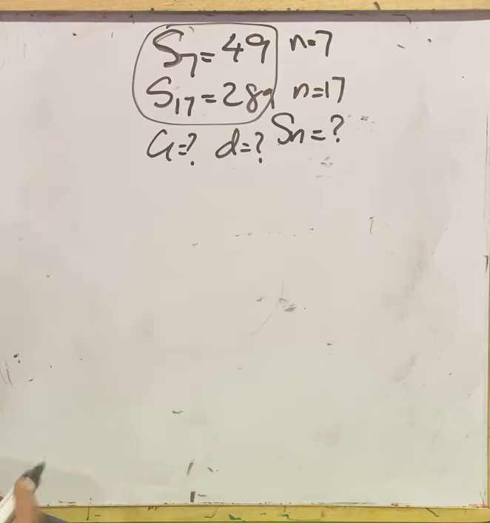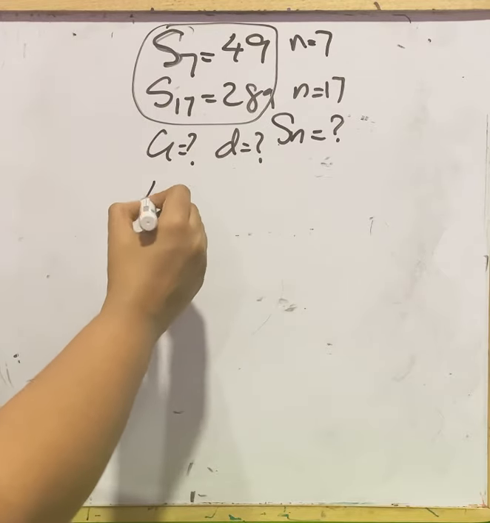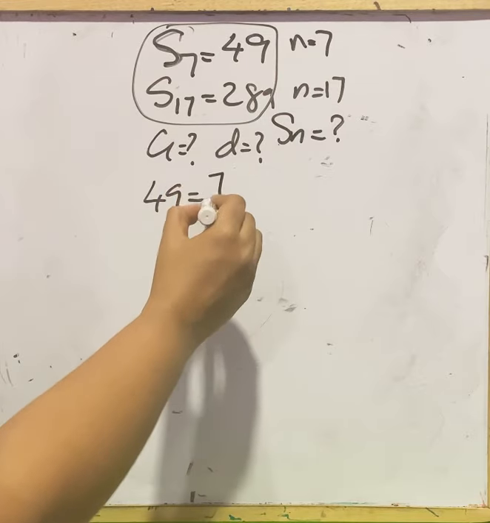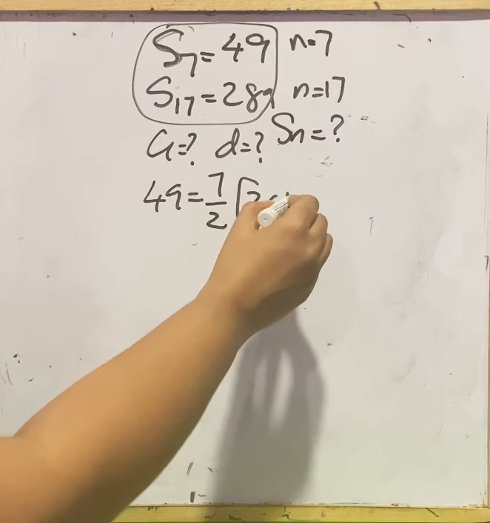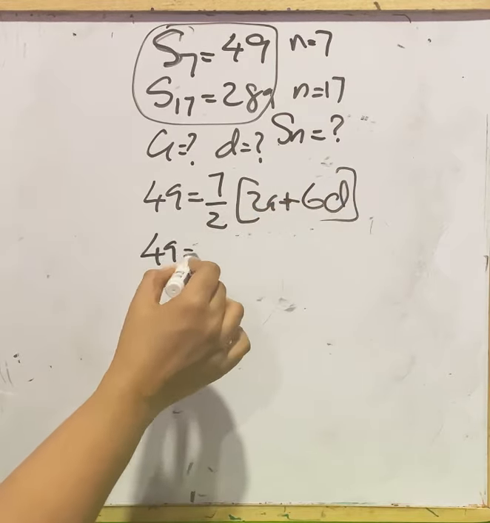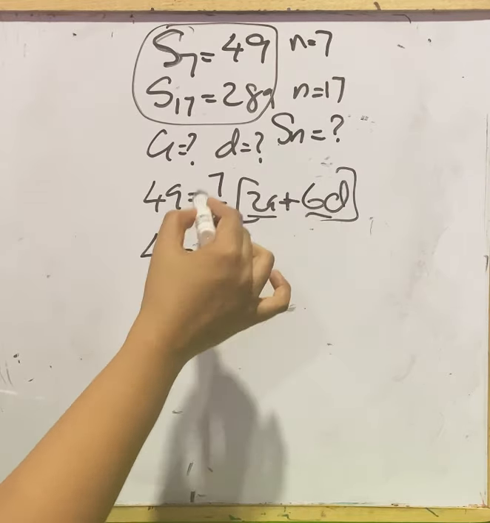Because in the formula for the sum, we have both A and D. So considering this, we can write S7, that is 49 equal to n by 2. Here n is 7, so 7 by 2 into (2A plus (n minus 1) D), 7 minus 1 is 6. D we don't know. 49 equal to 7 by 2. From these two terms, we will take 2 outside.